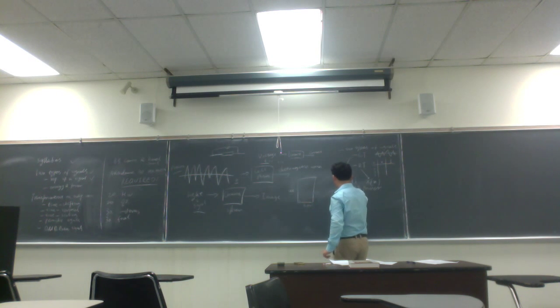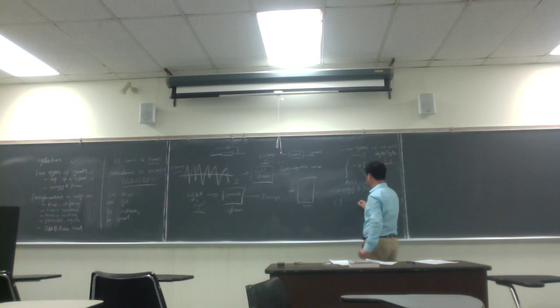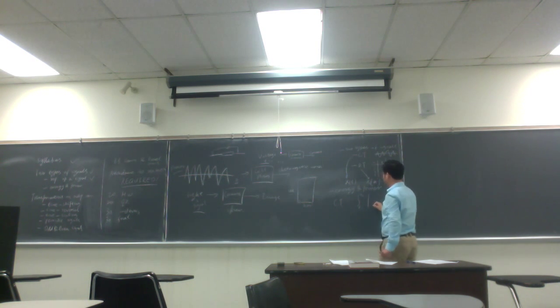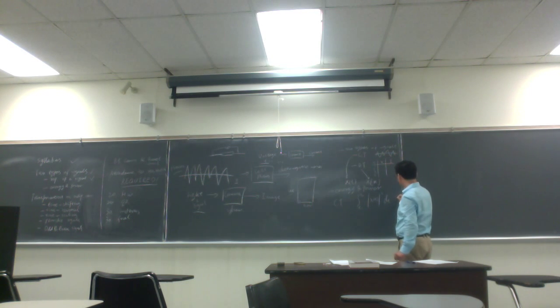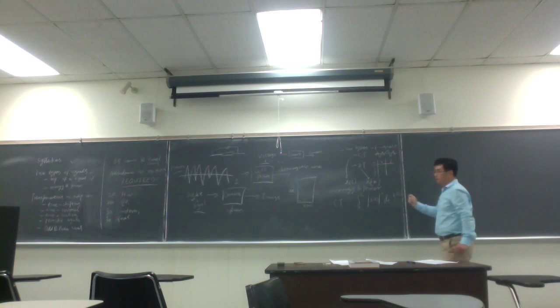First of all, for a continuous time signal, we define the energy to be the integral from T1 to T2 of the magnitude of this signal squared, dt, for t between T1 and T2 interval. Okay?